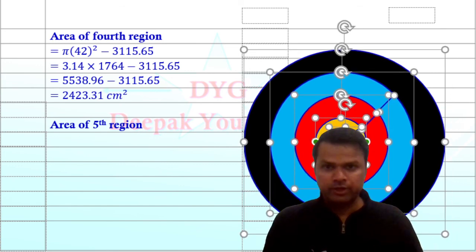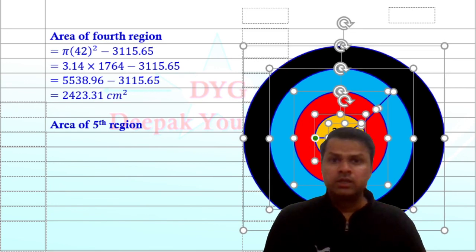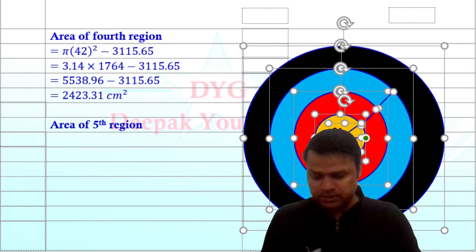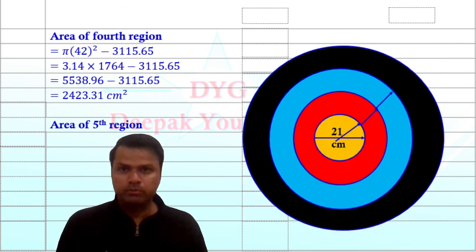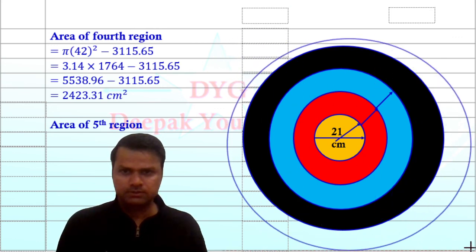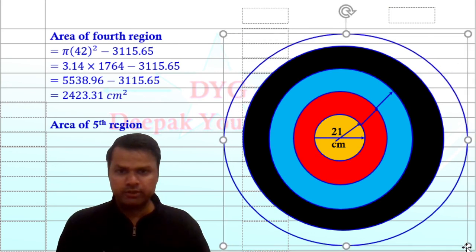Again, you can pause the video and try answering on your own. So now let me complete this diagram here and let me make one more circle. This is one more circle which I have made.